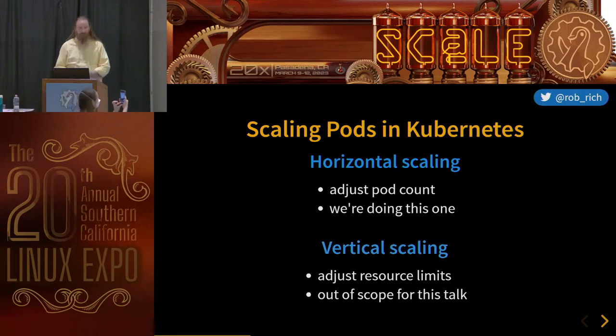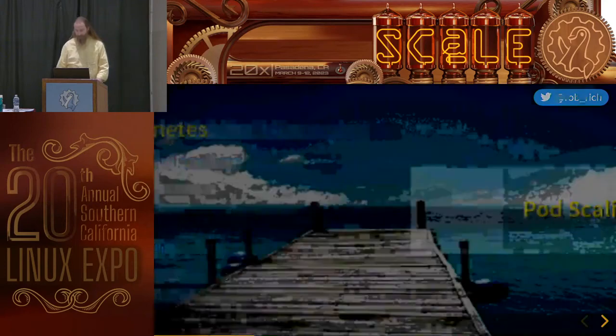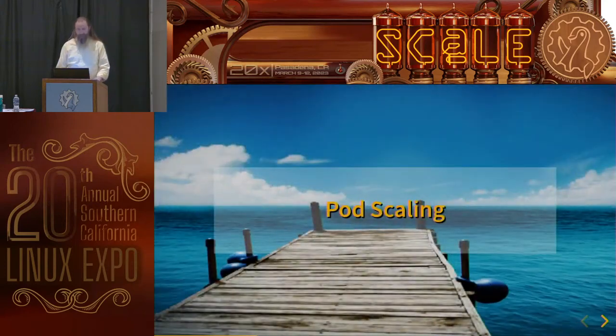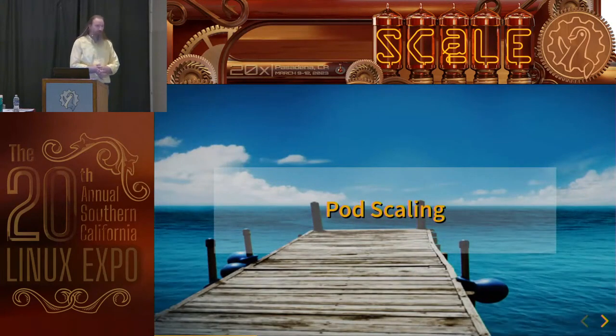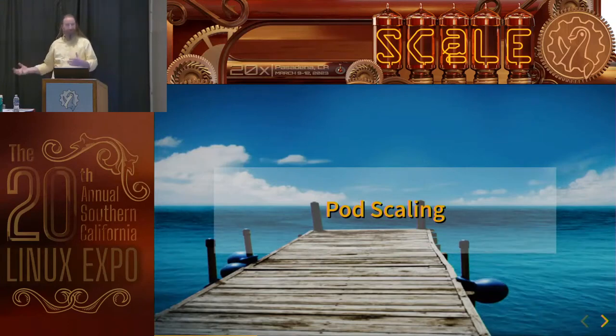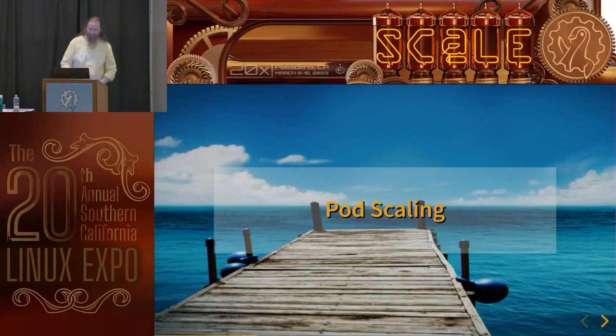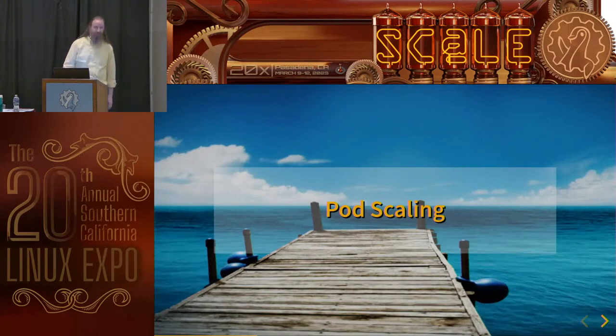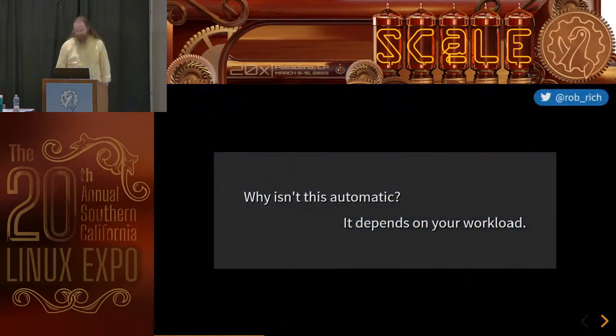Or we could look at horizontal scaling, which is where we'll dive in. How do I add and remove the quantity of pods based on the capacity that I need? So we're going to talk about horizontal pod scaling today. The other topics are really interesting, and later over beers, let's definitely dig into those. Today, let's horizontally scale our workloads.